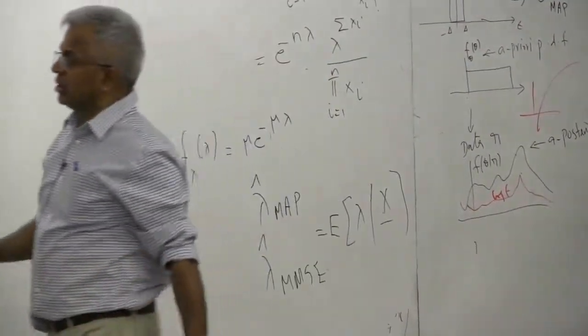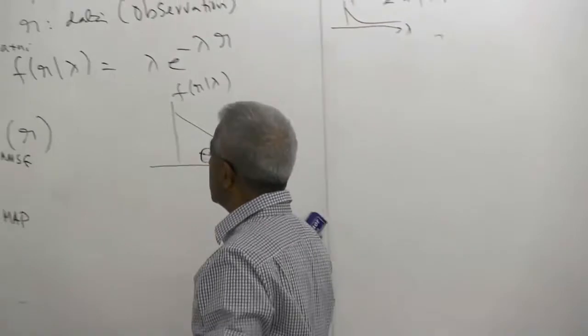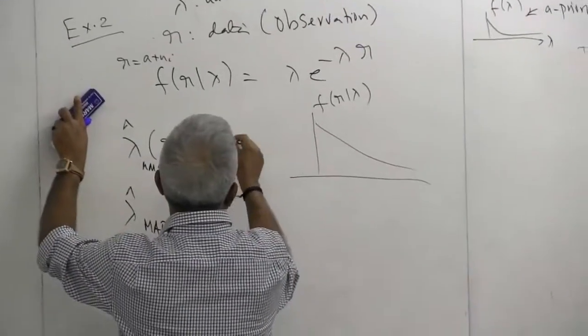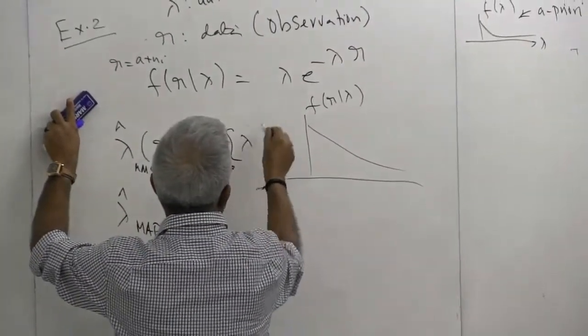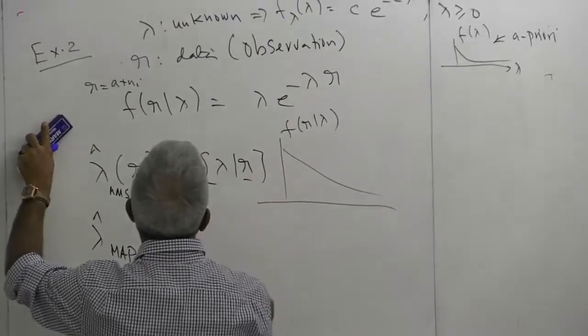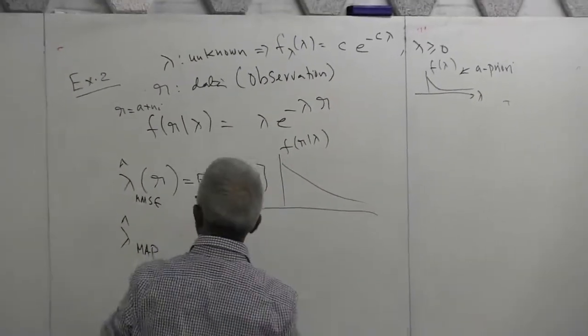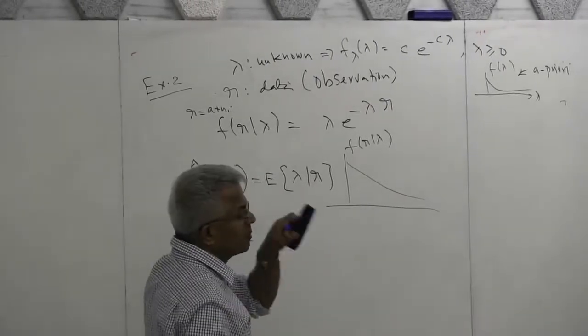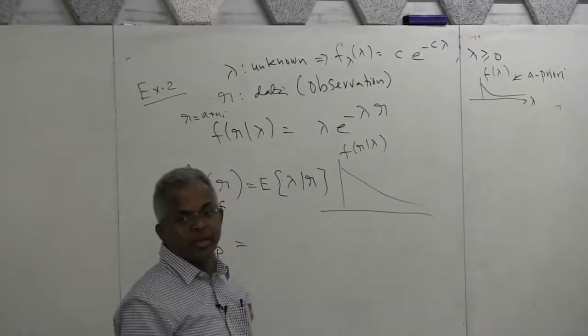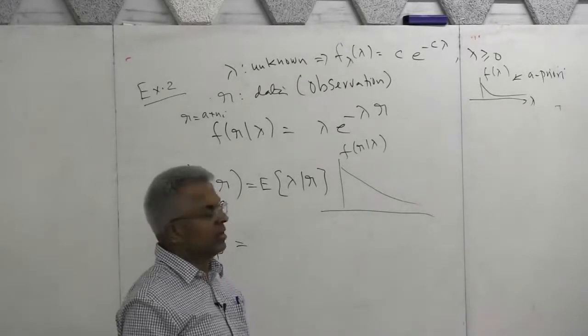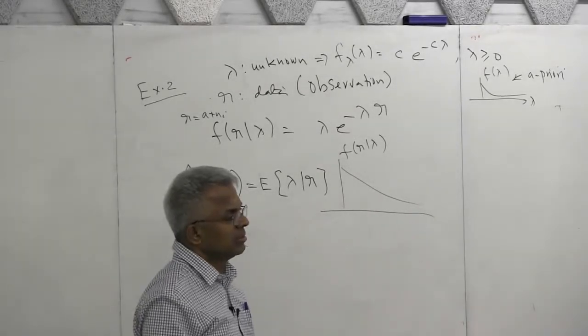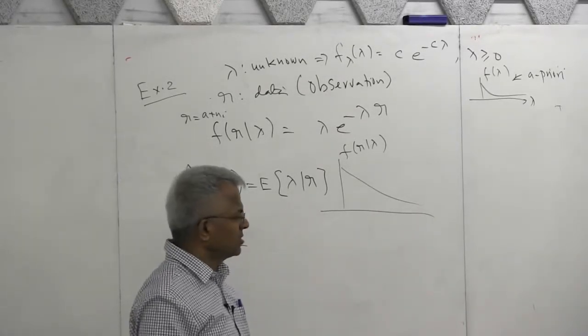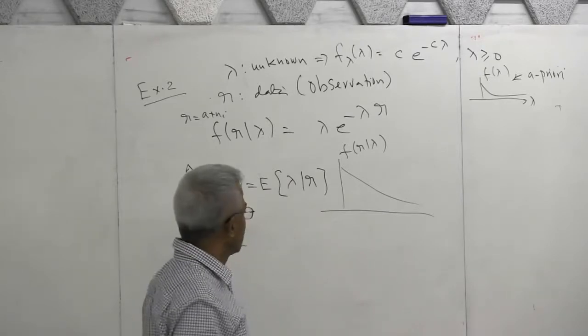Let's find out MMSE and MAP. So this is expected value of lambda given R, right? There is only one R in this case. And this you know what to do, right? So try to do that problem at home. You may never be able to complete it. I haven't done it myself, but see whether you can.